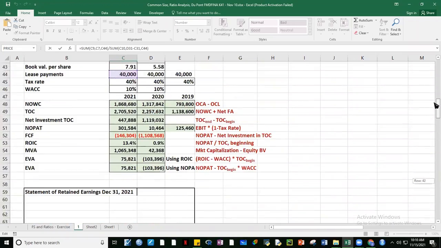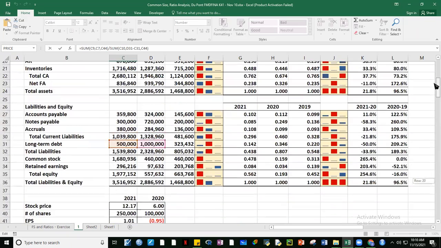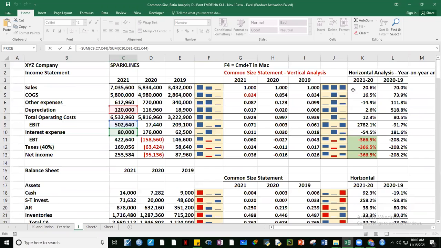We have EBIT, tapos ibabalik natin si interest at saka si depreciation. So from EBIT, C9, C7, at saka C44. So that's your EBIT plus depreciation, so that's your EBITDA, no?